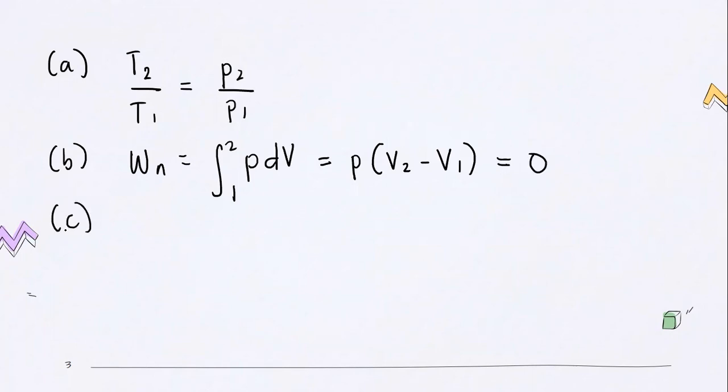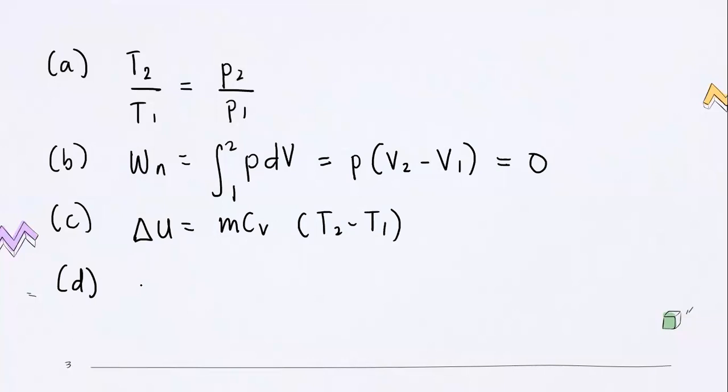Letter C. Now, the change of internal energy, delta U, is equal to mCv (T2 minus T1), where m is the mass, Cv is the constant volume specific heat, T2 is the final temperature, absolute temperature again. Again, delta U is the change in internal energy.